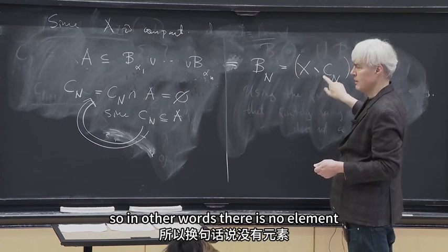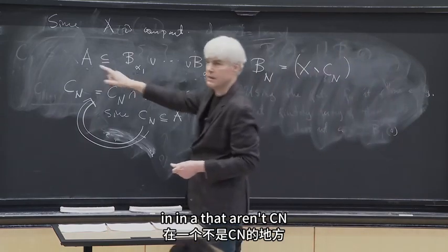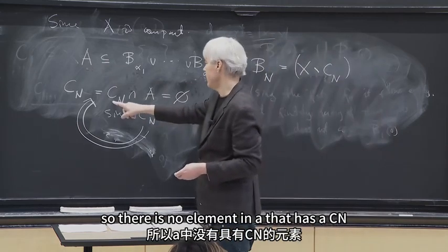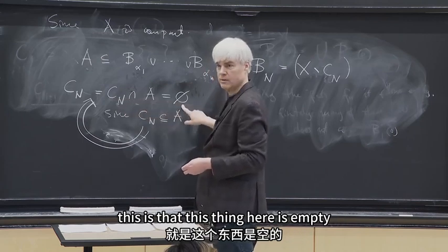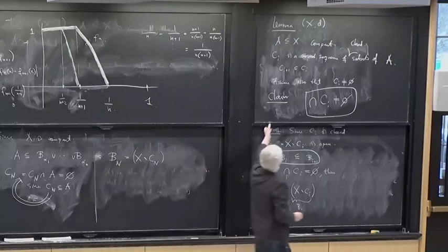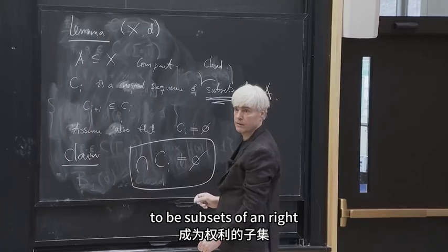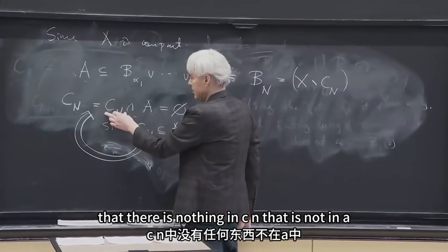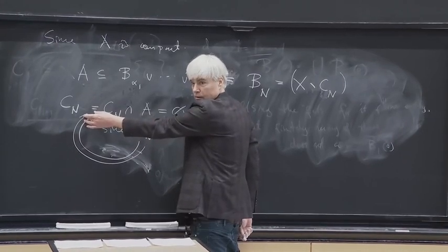So in other words, there is no element in A that is in Cn. This thing here is empty. But remember that the Cn's were assumed to be subsets of A, so there is nothing in Cn that is not in A. So this is really just equal to Cn.